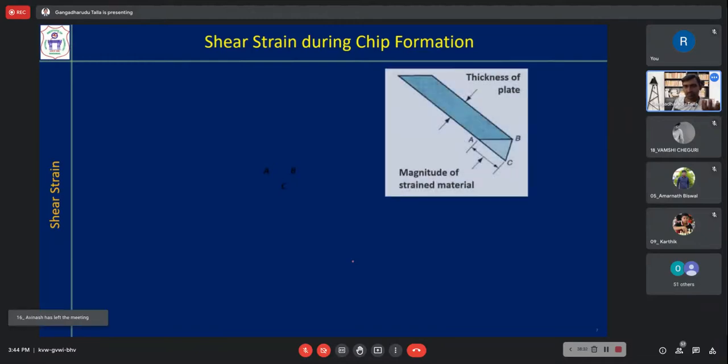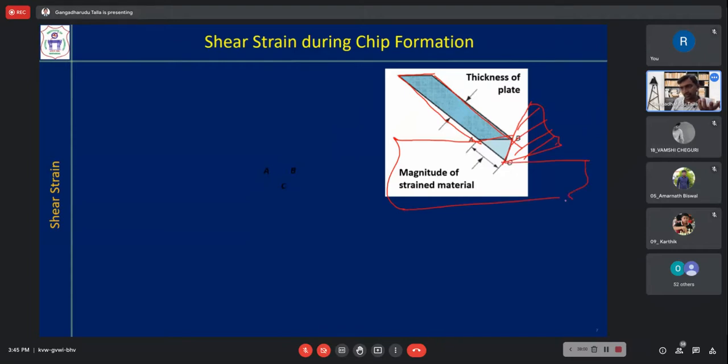Now let us see this. You take one slice of the material that is being removed. Consider this. Here you have the rake surface. This is the tool. This is the uncut portion, this is the workpiece.